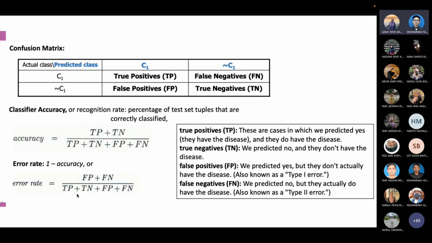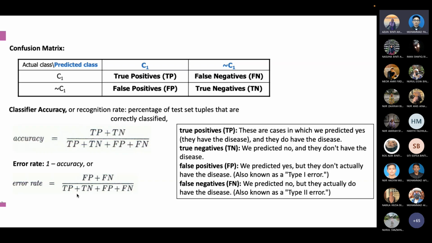Okay, apa dia TP, apa TN, apa FP, apa FN, I think you already know about this. True positive is something yang macam you nak predict yes, then our model can predict yes too. Maknanya dia correctly predicted lah. True negative, we predicted no and they don't have the disease. Ni contoh kalau kata dia ada disease lah.